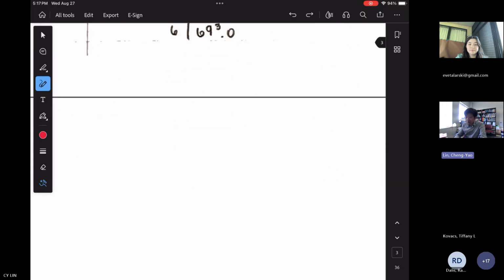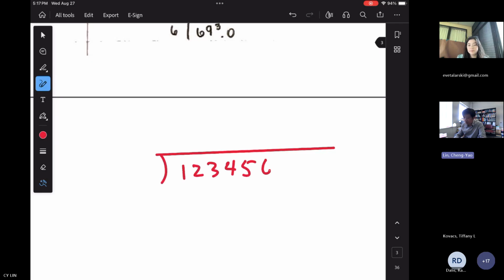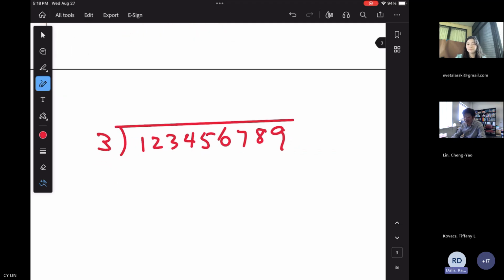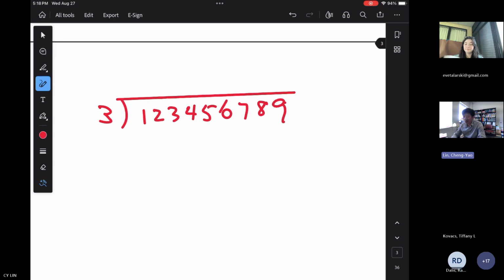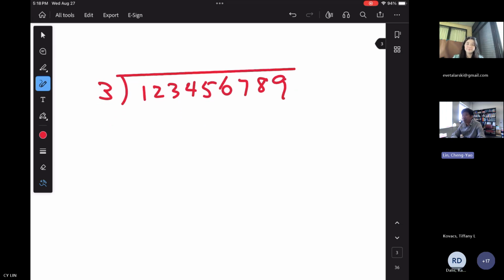How about this one? I'm going to give you 123456789. Can you take a minute to do this problem? I know you can do it. If this is long division, you take forever. But short division is just lightning fast.